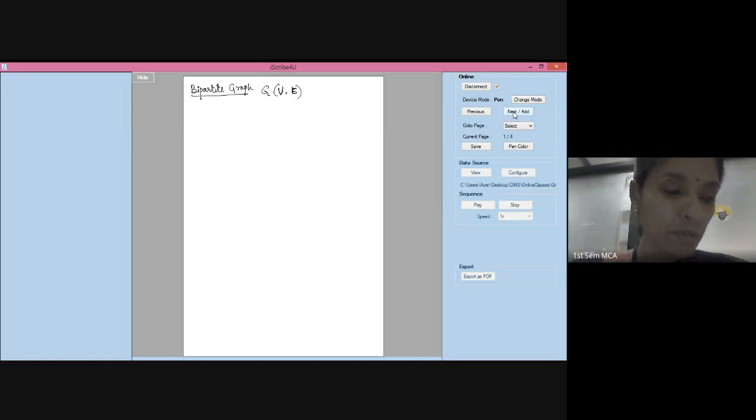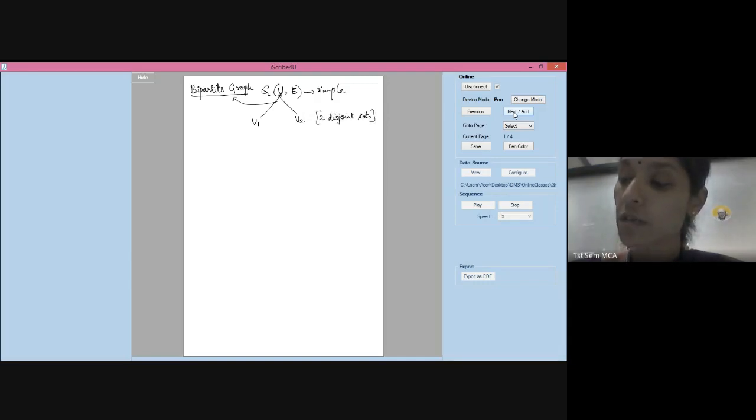Now, a simple graph is called a bipartite graph if the vertex set V can be partitioned into two disjoint sets. For example, the vertices could be A, B, C, D, E. This is a set of vertices.